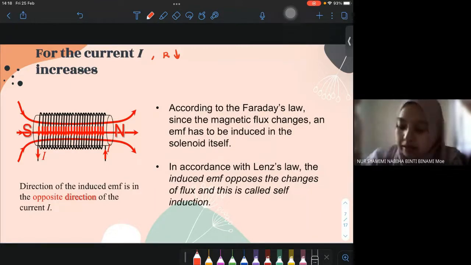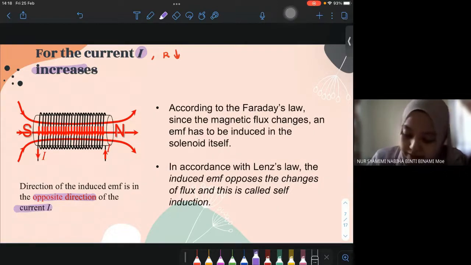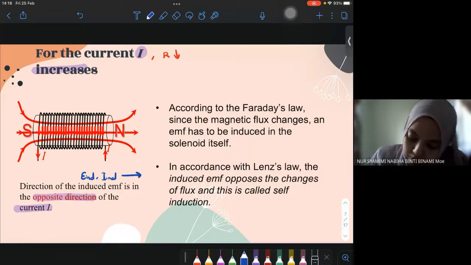Tadi case yang pertama, bila current kita increase, akan ada induced current. So the direction for the induced current will be opposite to the direction of the current yang asal. So kalau current increase, E induced dan I induced akan opposite direction of the current yang asal.